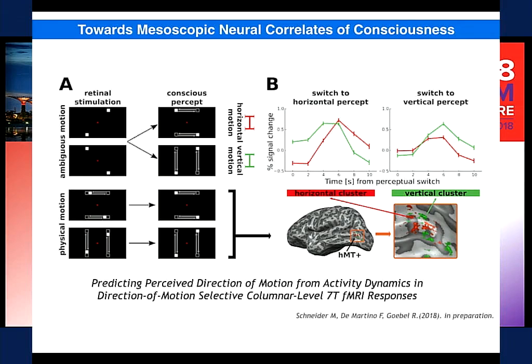When the subject says, I'm seeing horizontal motion now, the columns for horizontal go up in activity and those for vertical go down, and vice versa. So you see that the switch of your percept can be explained by the dynamic activity changes in area MT. You can relate the content of your mind to activity patterns which dynamically change within a brain area.